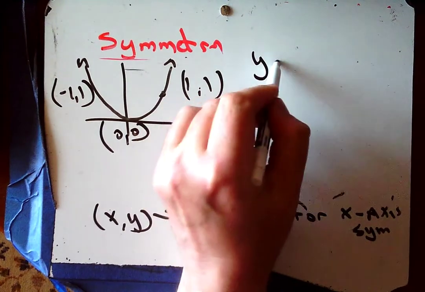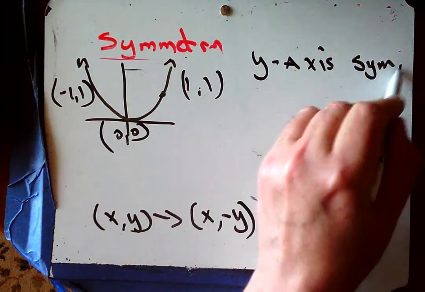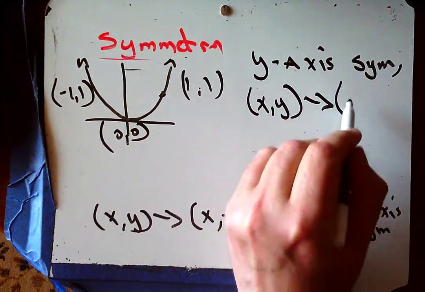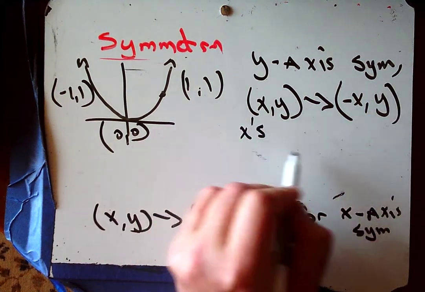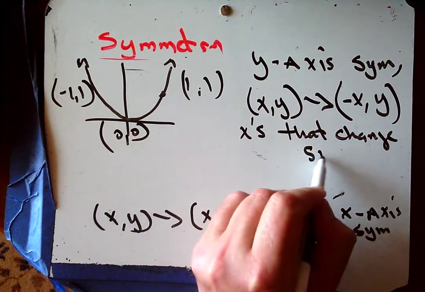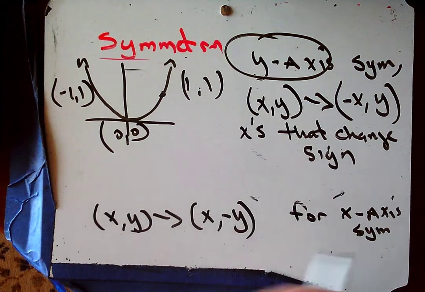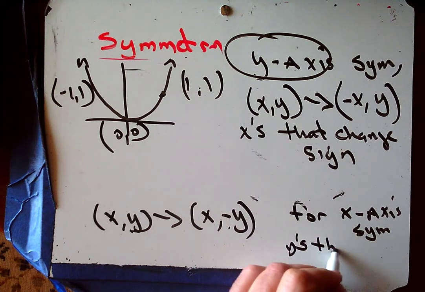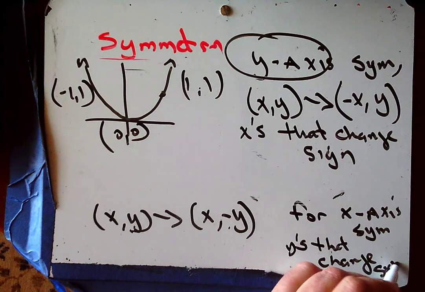With y-axis symmetry, we've got xy becomes -x, +y. It's the x's that change sign for y-axis symmetry. And for x-axis symmetry, look, it's the y's that change sign.